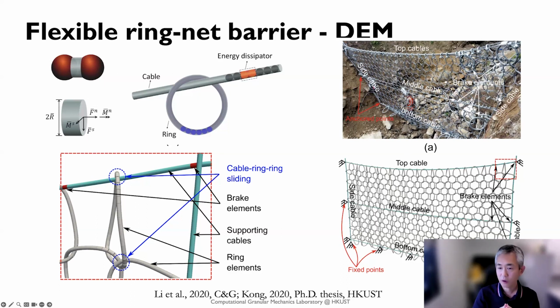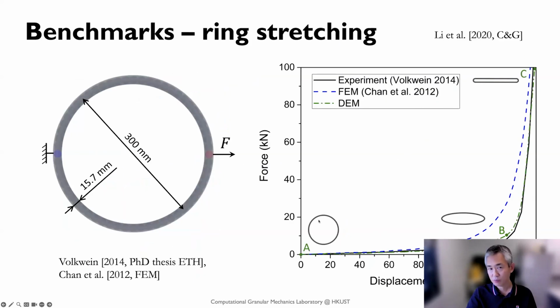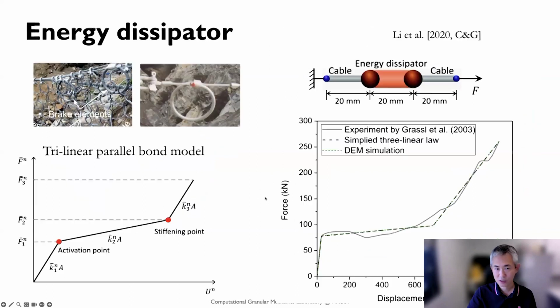Okay, this will form the ring net barrier, and then we need to do calibration or benchmarking as well. For each ring, we can subject it to stretching here: fix one end and stretch the other, and there are some experimental tests and past results we can benchmark against. This is a single stretching here, and we can also look at the energy dissipator.